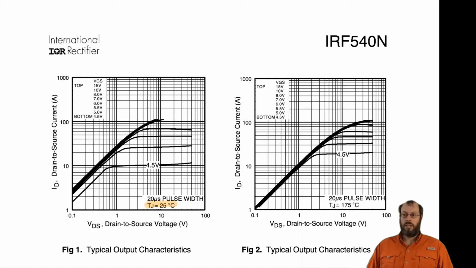Here, one of the diagrams is given for the junction temperature of 25 degrees, and the other one models the behavior of the device at a junction temperature of 175 degrees, which is a maximum value for the device, but it's still realistic that the device would actually operate somewhere between 100 and 150 degrees C at its maximum operating temperature.